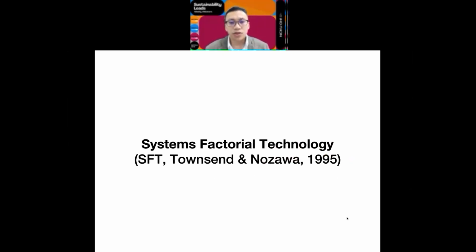Due to these constraints and limitations of the conventional information processing methodology, Systems Factorial Technology, in brief SFT, was proposed and developed by Townsend and Nozawa in 1995. Recently, an increasing number of researchers have applied this methodology to study information processing in a variety of different areas.